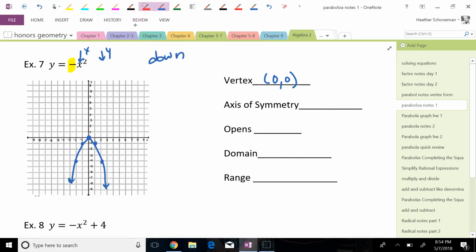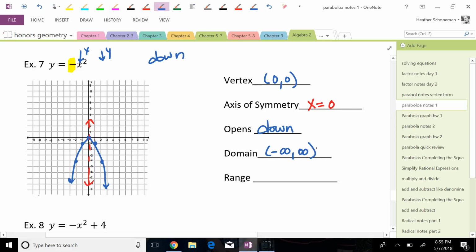So here's the parabola. Here's the axis of symmetry. The axis of symmetry is now on the axis, so that's y equals 0. It opens down. Now the domain, as you do that vertical line test left to right, is still going to be from negative infinity to infinity.